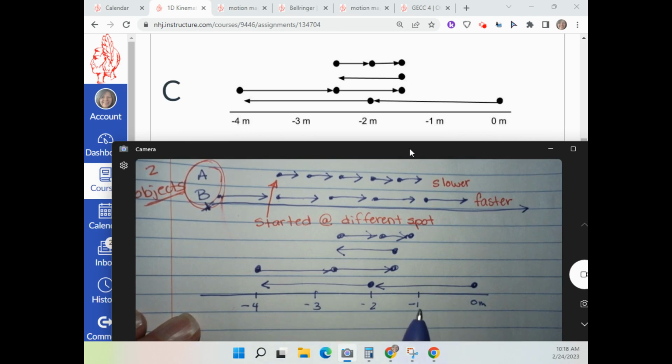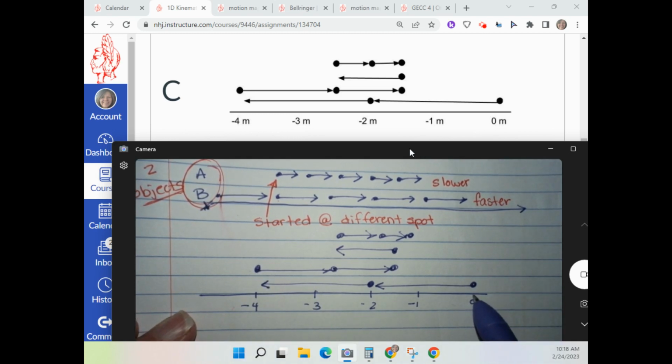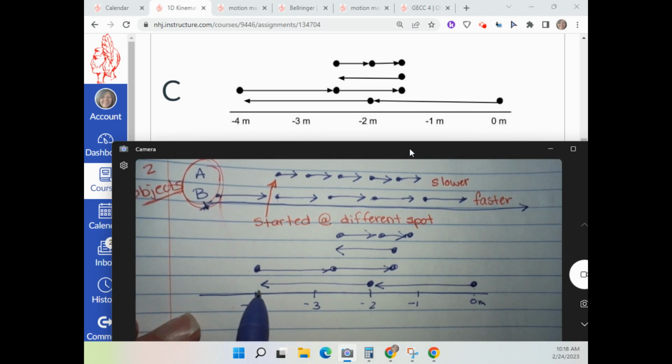So if we are on some kind of coordinate plane, then we're going to the left. We're going to the more negative in our coordinate plane. So we went left, and then what happened? Let's follow this motion. We went to the left for 2 whole seconds, for 4 meters.